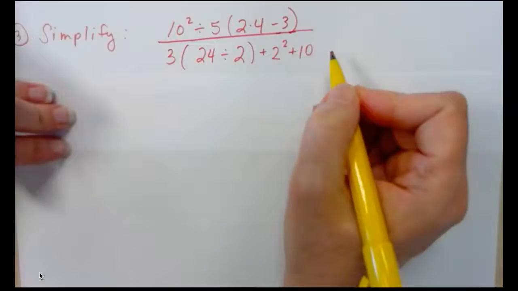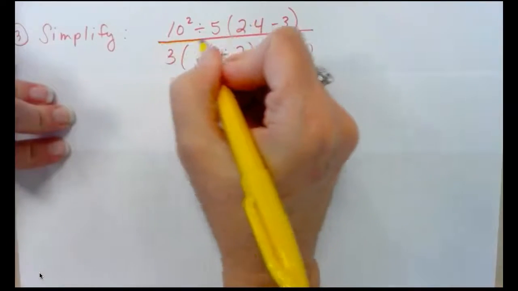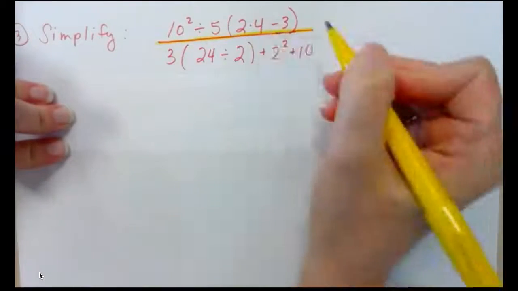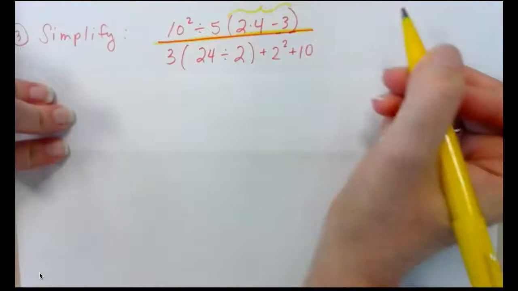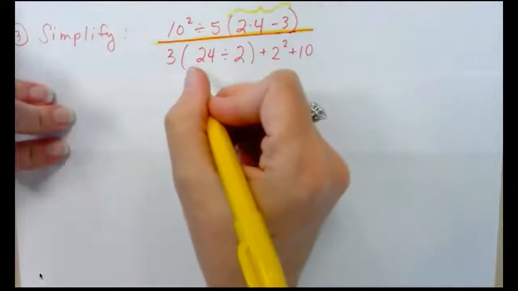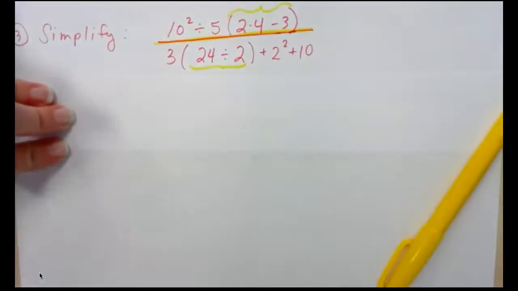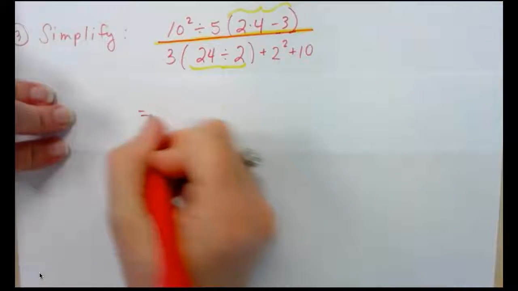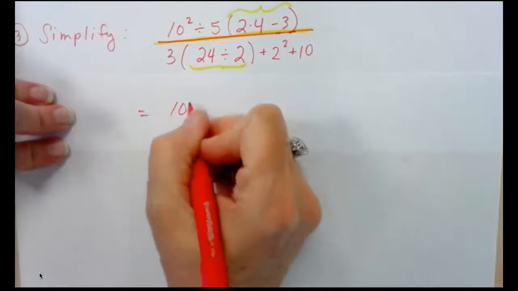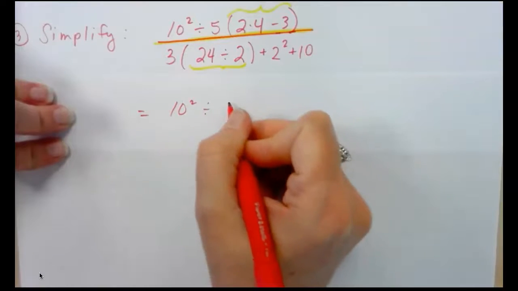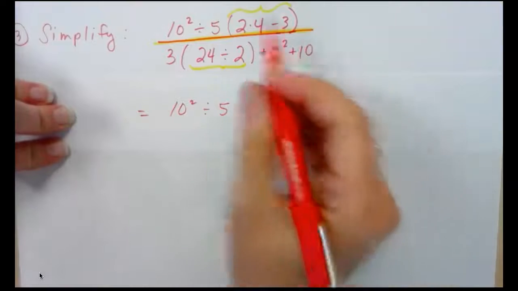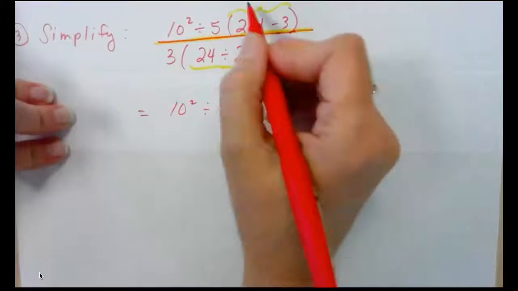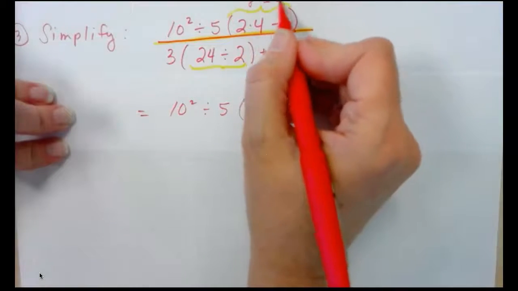So here's what I see first. We have the big fat fraction bar, which is a grouping symbol, which means we're going to look on the top with another grouping symbol, and then on the bottom, yet another grouping symbol. So working down the page, we've got 10 squared divided by 5 times, inside of those parentheses is 8 minus 3.